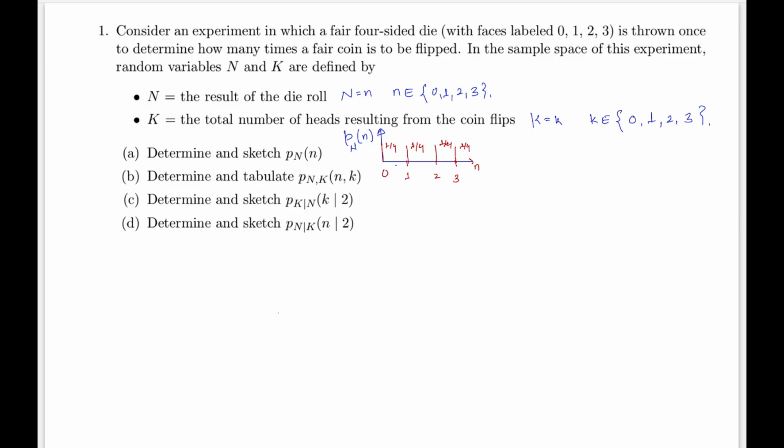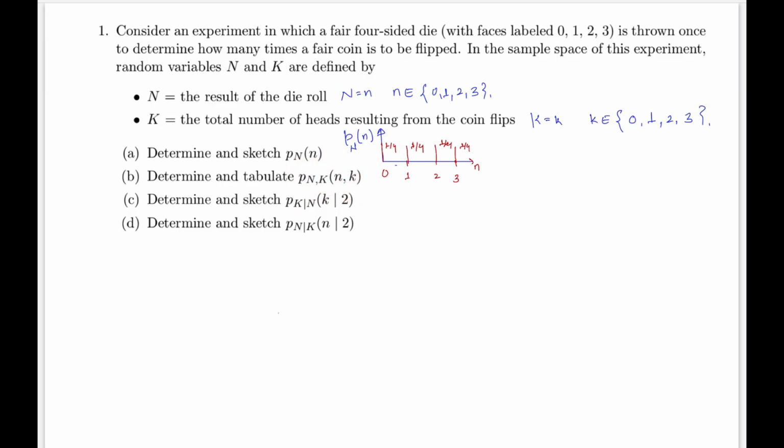We are talking about the happening of two events: random variable N takes the value little n, and random variable K takes the value little k simultaneously. So we are talking about these joint probabilities.